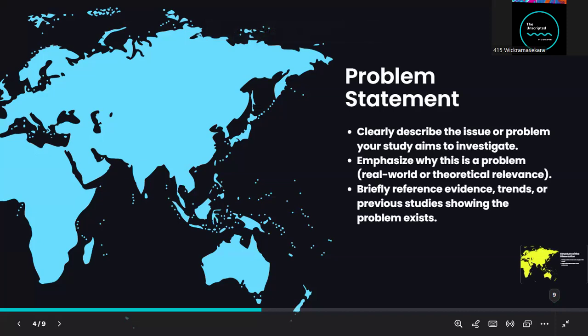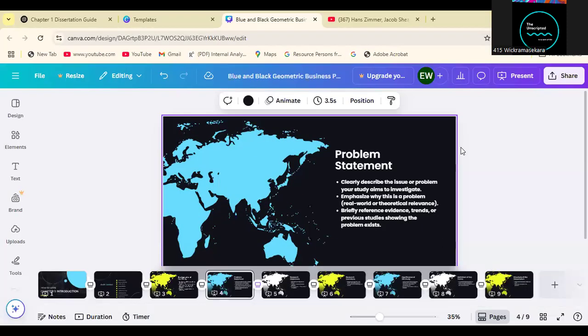You can't be like saying, I think that there is a gap in this area, so that we have to investigate it. No, you have to come up with articles and literature that says that there is a theoretical gap, right? And then you have to, like I said, give evidences and examples, maybe from the practical world or theories, or read the future research directions of other researchers and give your justifications accordingly.